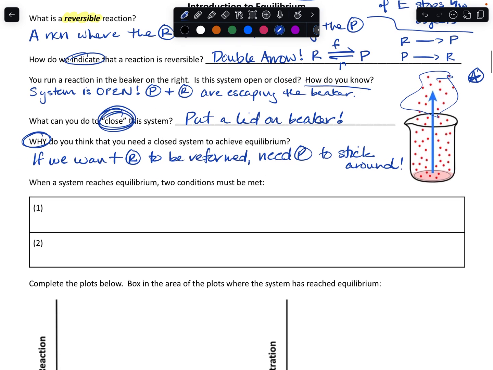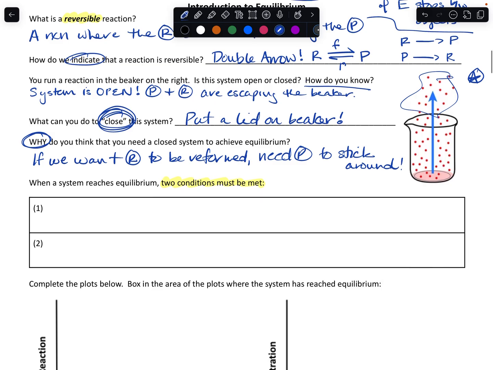Now, those are some environmental conditions that are required for a system to be able to reach equilibrium. There are two conditions that must be met to say that a system has reached equilibrium. The first one deals with rates.